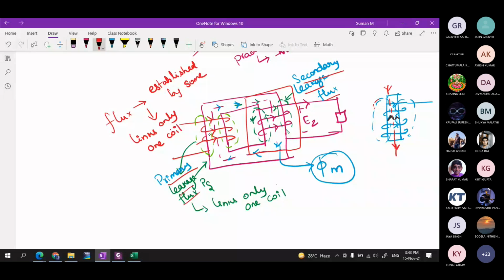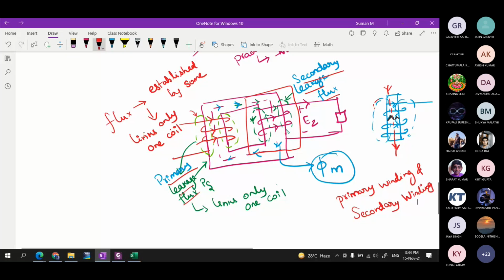Some of the fluxes are linking only this coil, represented in the light green color, and other fluxes are the mutual flux. Mutual flux means this flux links both the primary winding and secondary winding.